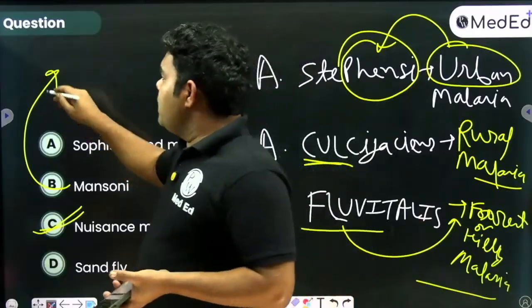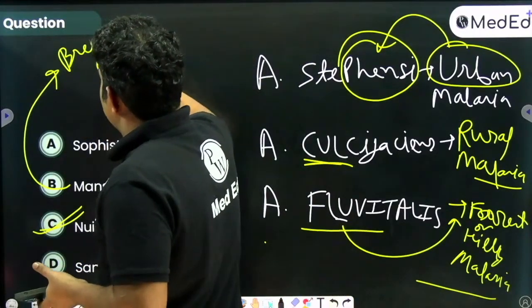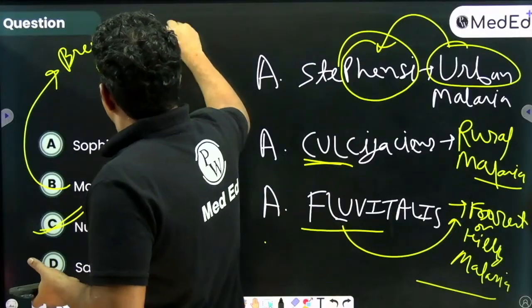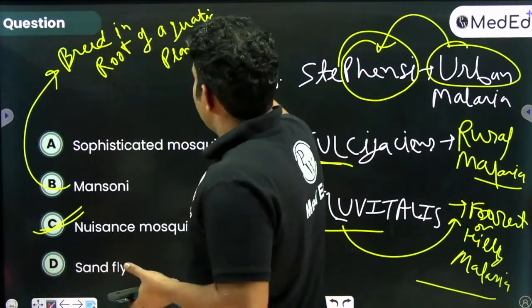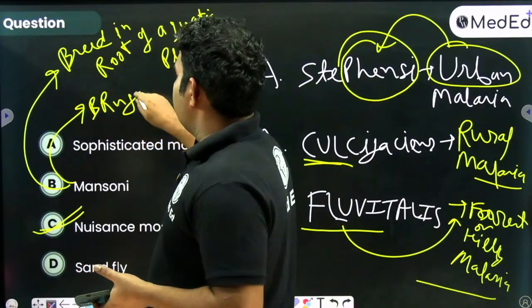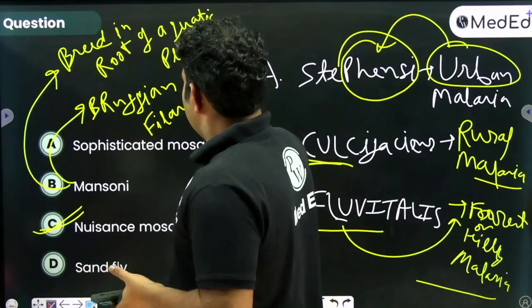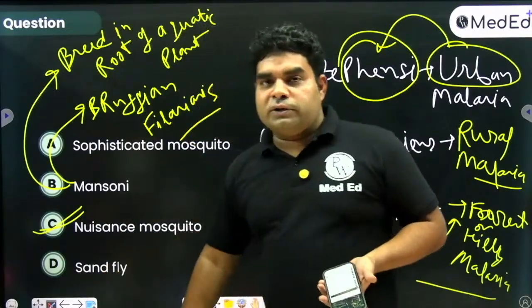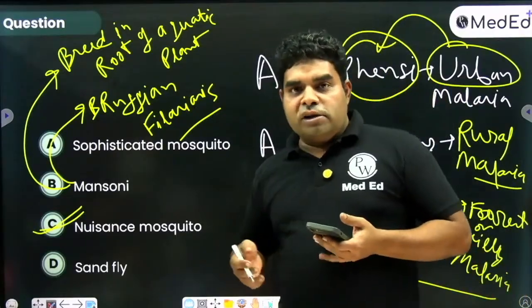Where do Mansonii breed? Mansonii breed in the root of aquatic plants. Okay. And which disease does Mansonii transmit? Mansonii transmits only one disease, that is Brugian filariasis. Okay. So do remember all the four mosquitoes being asked again and again. Plus then they can ask the question from the larva also.